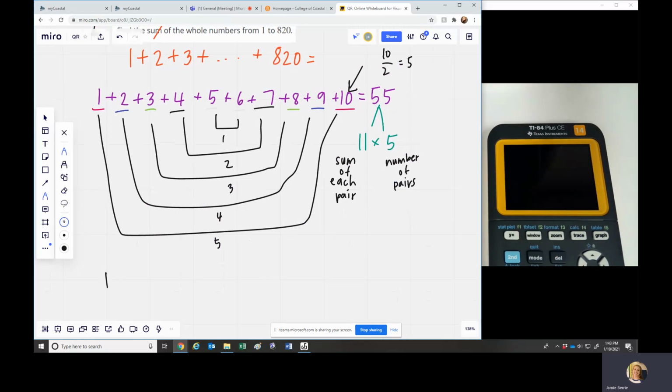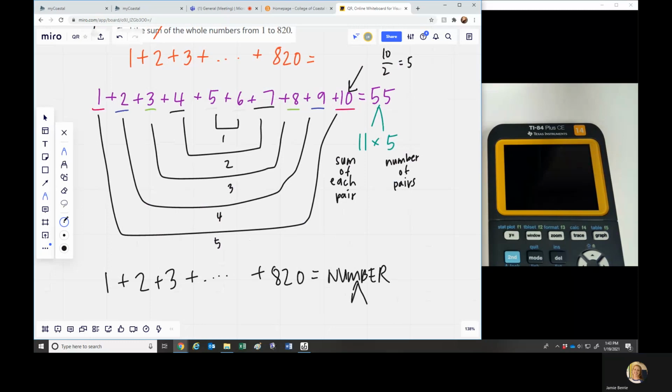So 1 plus 2 plus 3 all the way to 820 equals some number, and according to our pattern, that number can be broken down into the sum of each pair times the number of pairs.